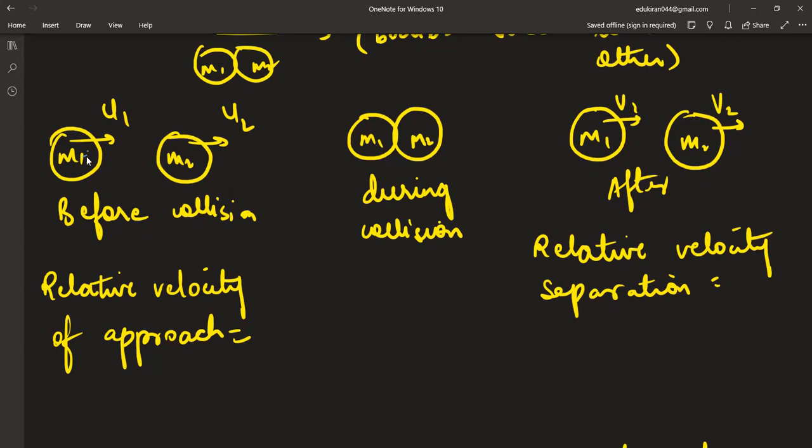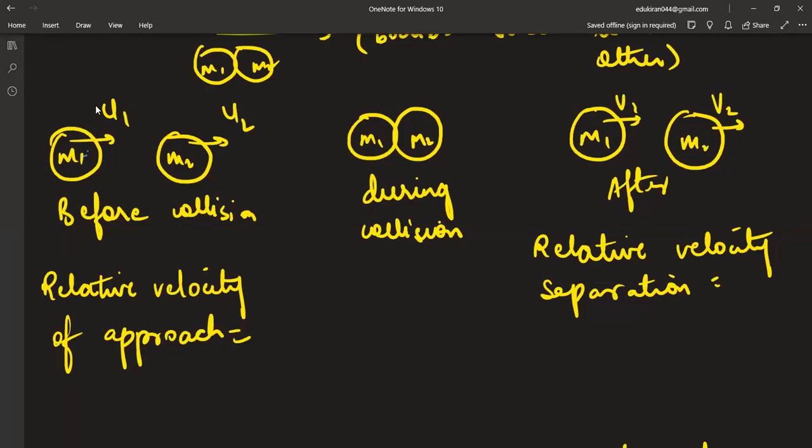If it keeps on moving with the same velocity, they'll never be able to collide. It will always be behind M2. So M1 has to move with a greater velocity in order to overcome M2. That's why collision will occur. Otherwise M1 will be behind M2 throughout. So U1 has to be greater than U2.